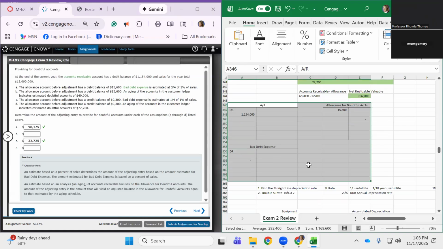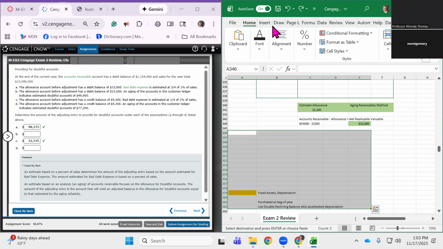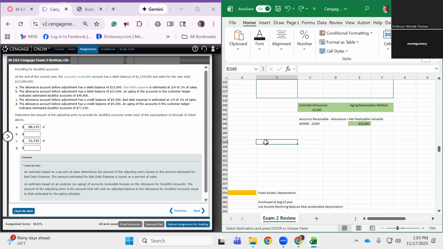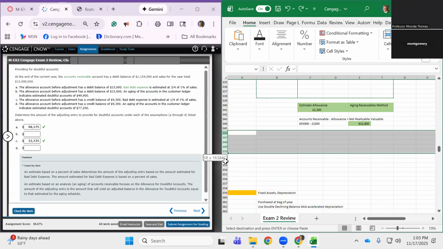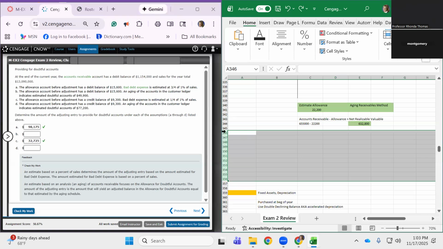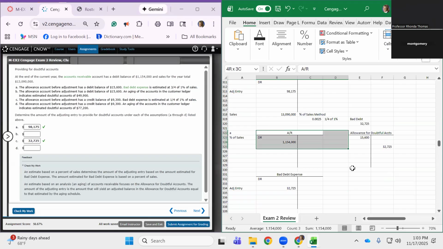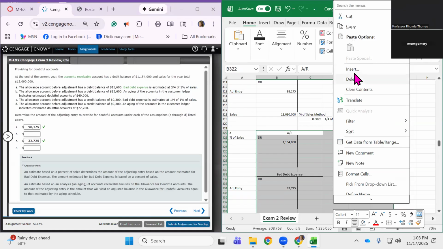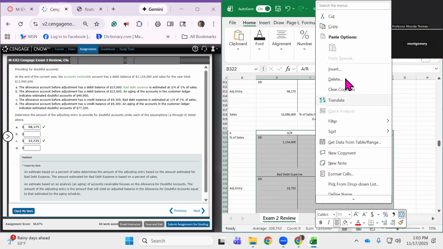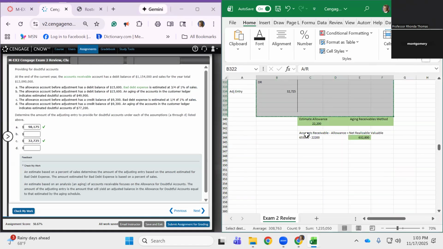I should have gotten all this ready first, but it's the way it goes. I need more room. And you pretty much have to draw the T accounts, because you're not going to really understand it unless you look at it. So we're going to copy this and bring it in.